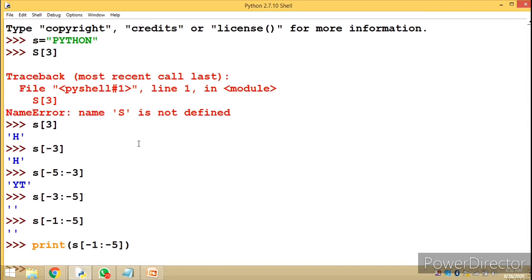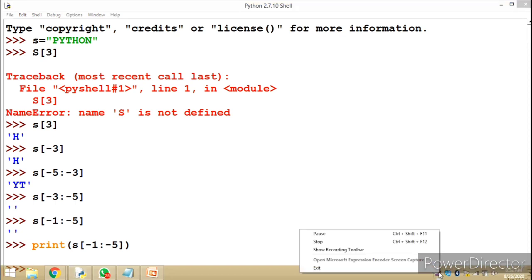What are you getting? Are you getting anything? No. So that means you cannot traverse from right to left in the minus case. Is it clear? Yes, sir. I hope it is clear. Okay, so we have to end our class.